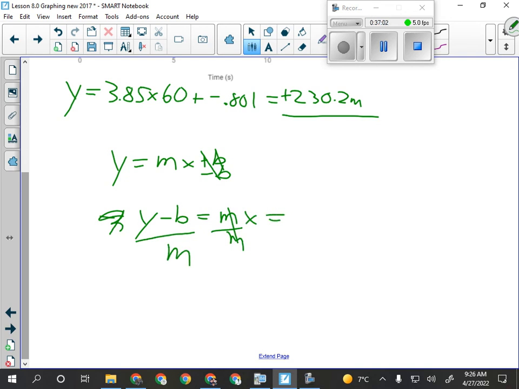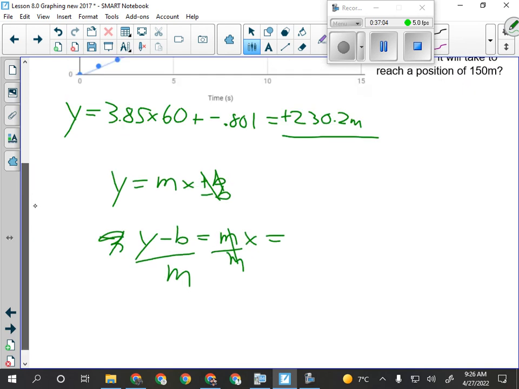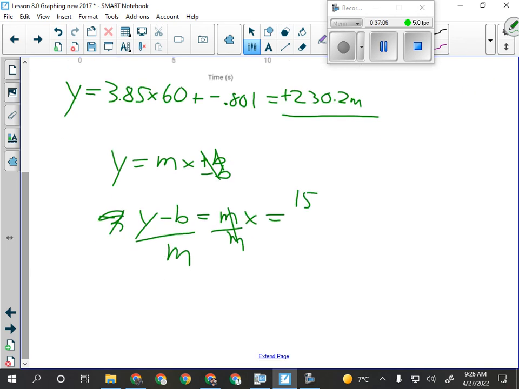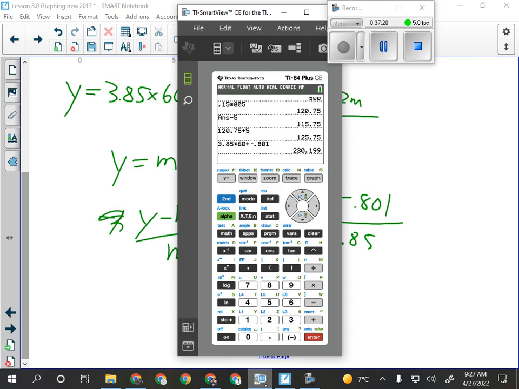So we'll have 150 minus negative 0.801, so we'll actually be adding it, and then dividing by 3.85. 150 plus 0.801 divided by 3.85.